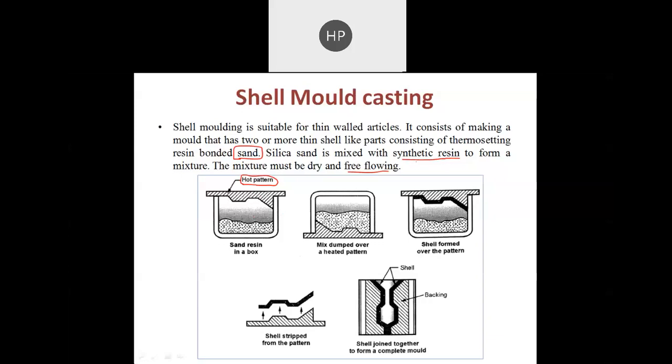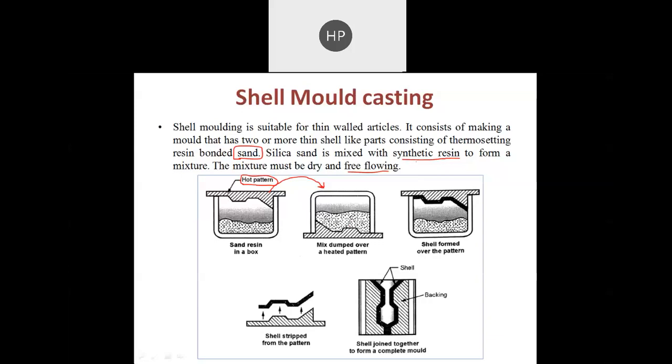After that, the pattern or the box is turned around. The box is completely turned around, so that the hot pattern comes below, and all the sand which is here directly falls on the hot or heated pattern.